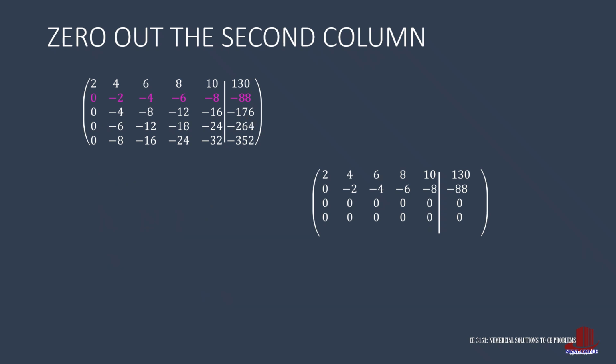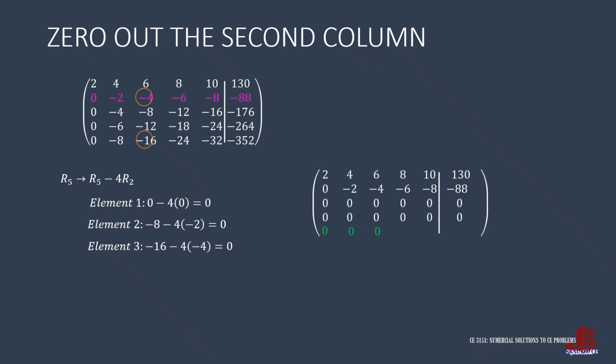So far, the two rows contain 0 values, so let's check the last row. Use the operation R5 minus 4 times of R2. The elements start with 0 minus 4 of 0, which is 0, followed by negative 8 minus 4 of negative 2, also 0. The third element is negative 16 minus 4 of negative 4, giving 0.